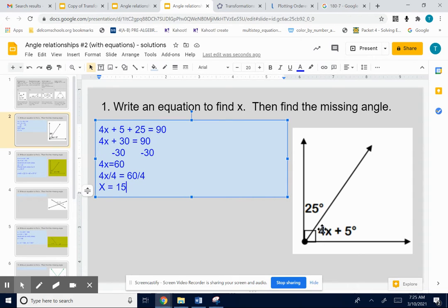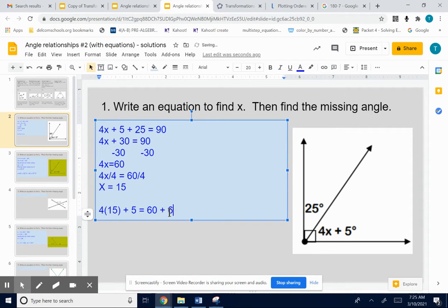The other angle is 4 times x plus 5. Since we know x is 15, we can take 4 times 15 plus 5 to figure out what that angle really is. Multiply before you add. 4 times 15 is 60.